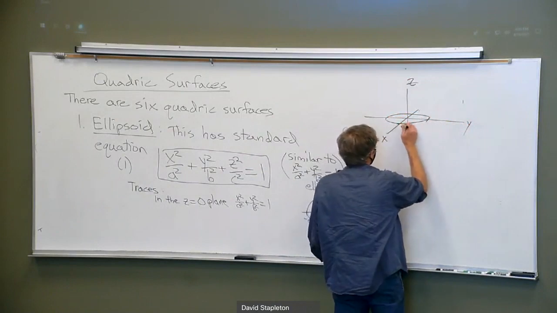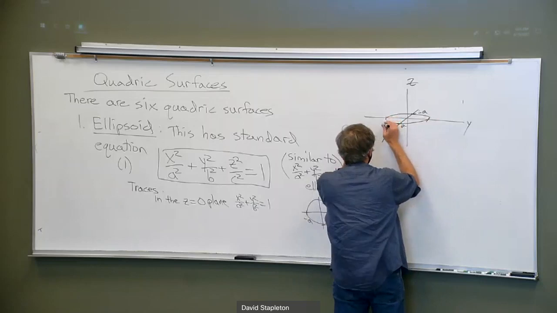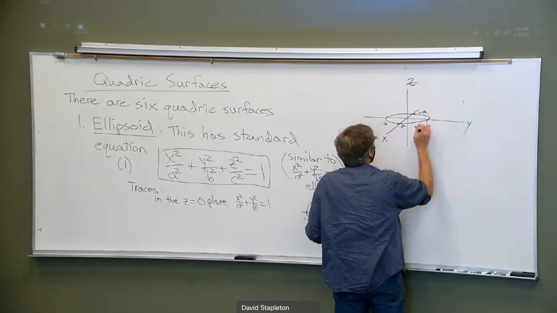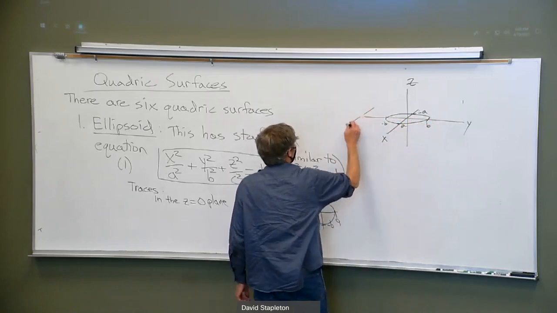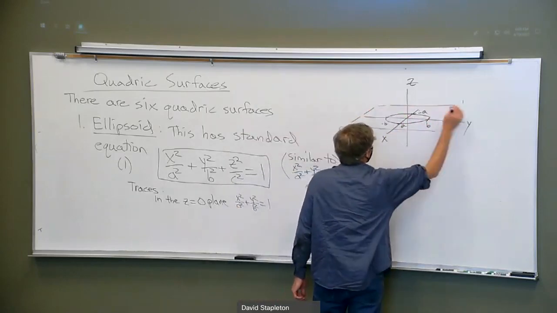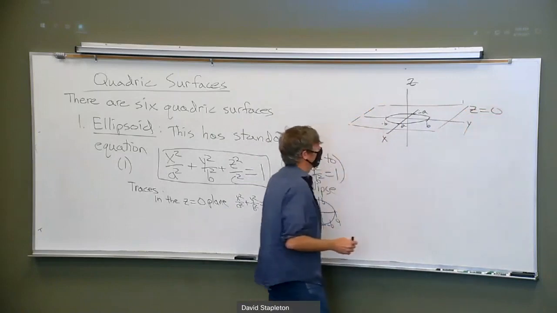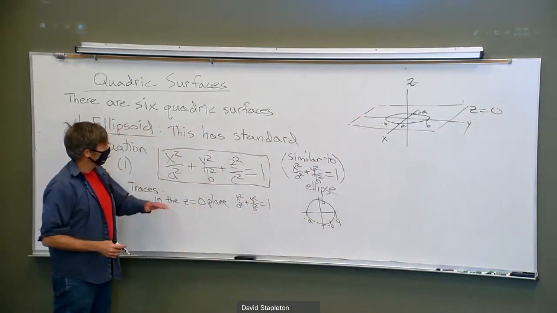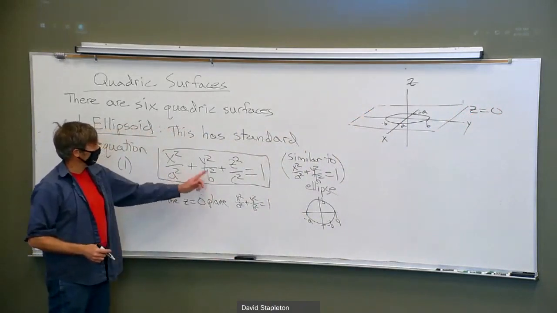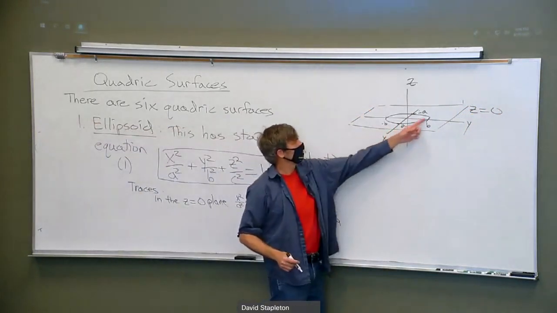So x goes between plus and minus a, y between plus and minus b, and all within this z equals 0 plane. That's the idea. We're going to cut this surface, whatever it looks like, with the plane z equals 0, get this curve.